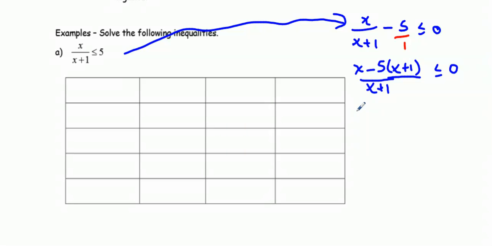Okay. I should probably, at this point, before I do any more combining, just make sure I've stated my restrictions here. So you can see on the bottom, we can't have x equal to negative 1. How about I put it up here where there's more room? X cannot equal negative 1.